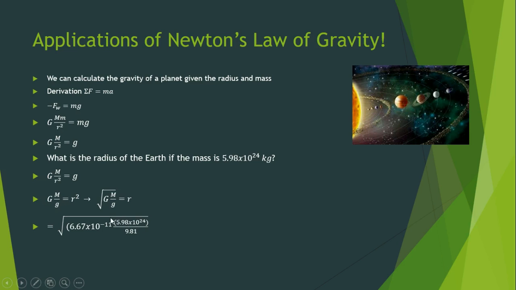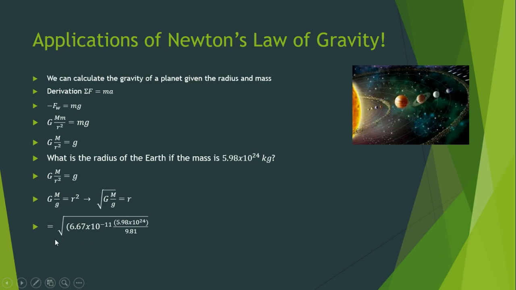Otherwise, it will really mess up your calculations, because the calculator would think that you're multiplying separate numbers, but you're not. It's scientific notation. So I would first multiply the top two numbers in scientific notation, then divide by 9.81, and I decided to use that because it's more precise than just calling the acceleration of gravity 10.